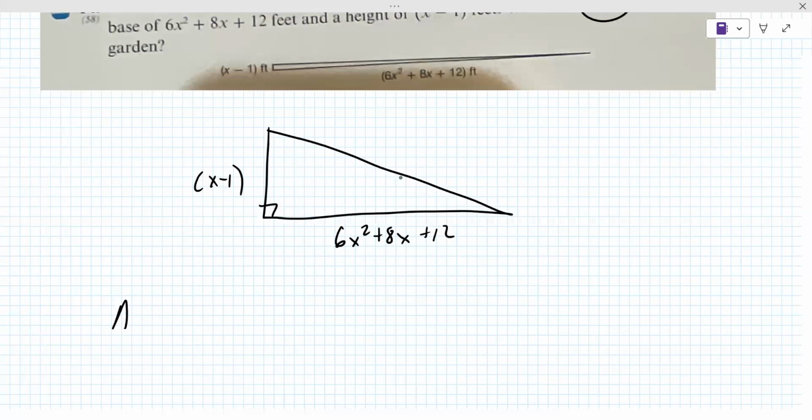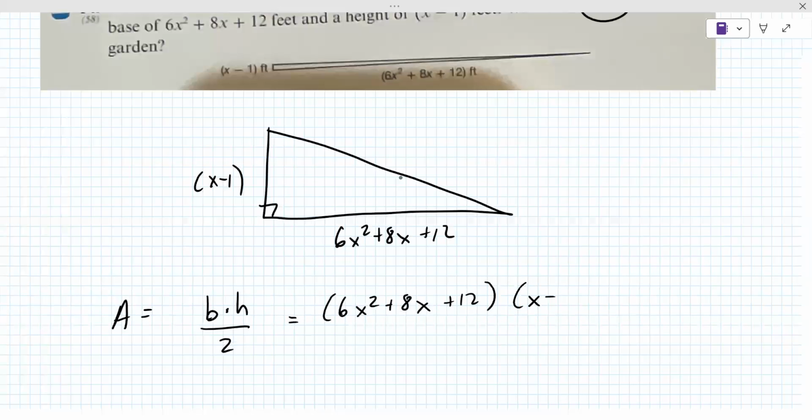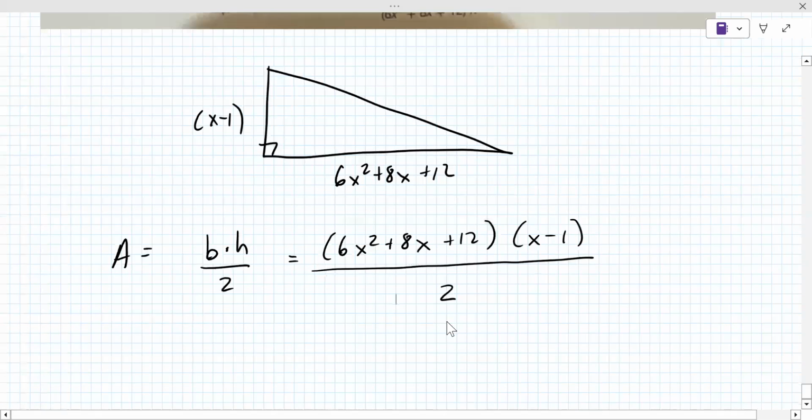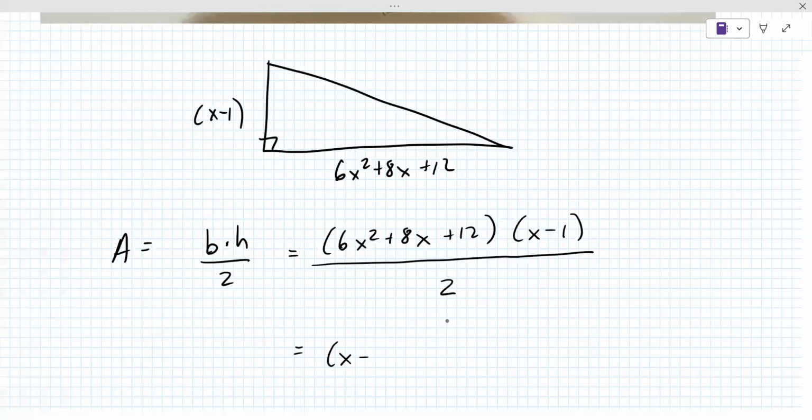So the area of a triangle is base times height divided by 2. Your base is the 6x squared plus 8x plus 12 times the height x minus 1, all divided by 2. So you get another chance here to work on this multiplication stuff. Probably better to reorder it so that it's x minus 1 times 6x squared plus 8x plus 12.